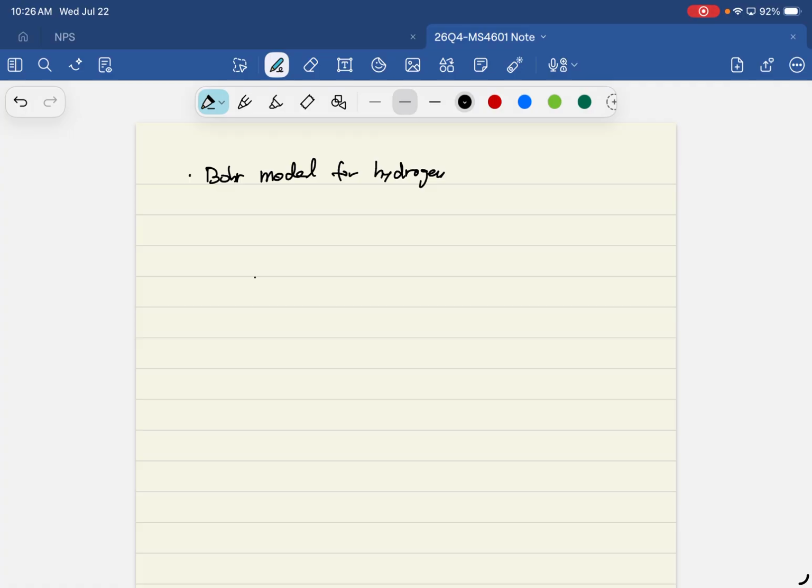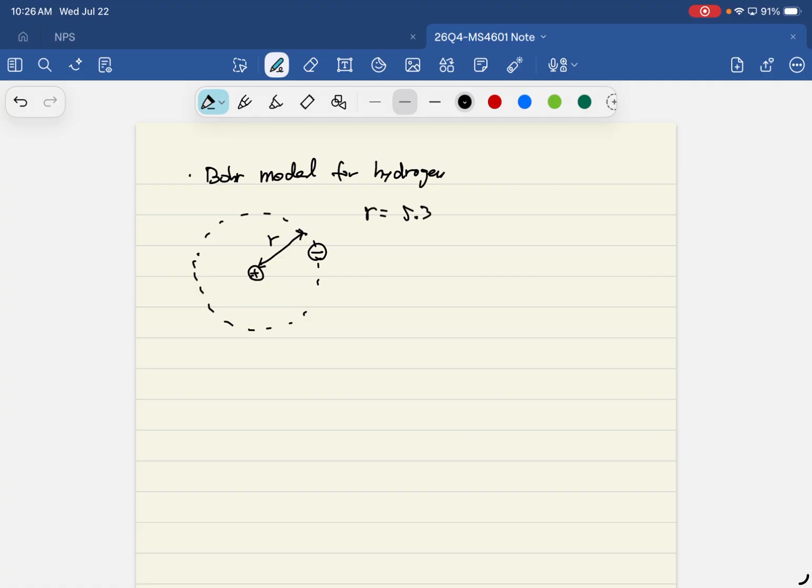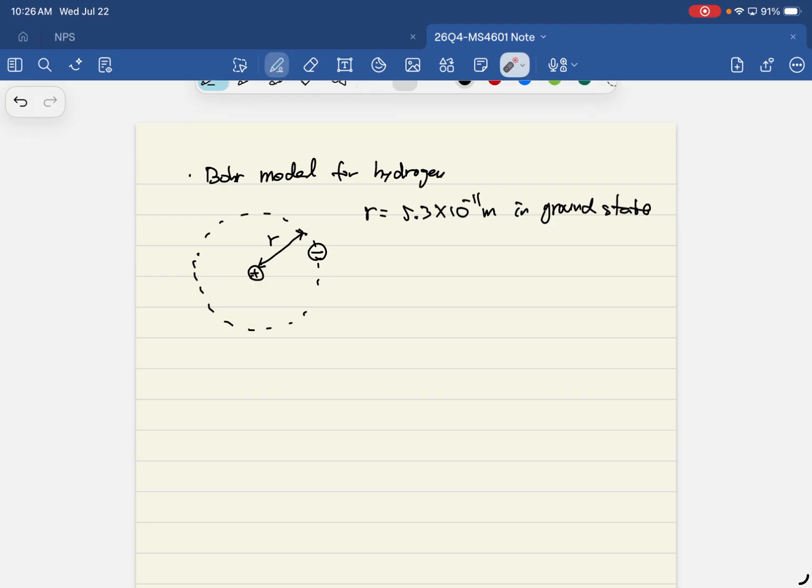Initially, what he proposed for the atom is that there is a nucleus and an electron going around it, and he believed that the radius here is essentially given as R. This R is 5.3 times 10 to the negative 11th power meter in the ground state. This is what he initially suggested.